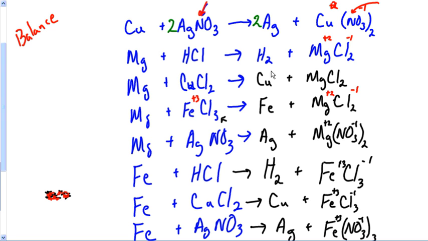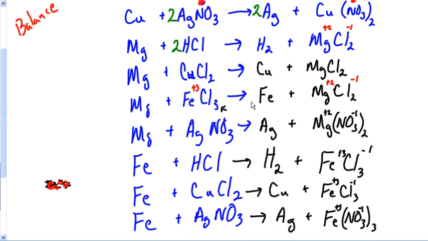The next one, we got 2 H's on this side, so I put a 2 right here. And that gives me 2 H's and 2 Cl's, which is fine because I also needed 2 Cl's over here. Let's see, the next one is actually, this equation's already balanced, so it's good. Ooh, check the next one out. 3, and what do you do when it's 2 and 3, or 3 and 2? See how this one you got 2 and a 3?